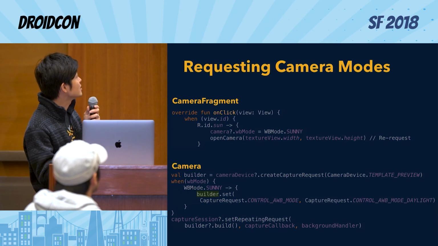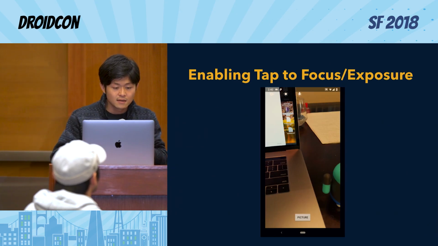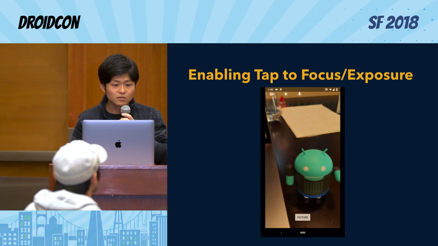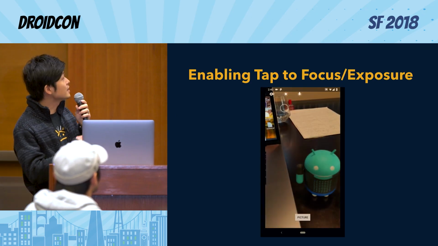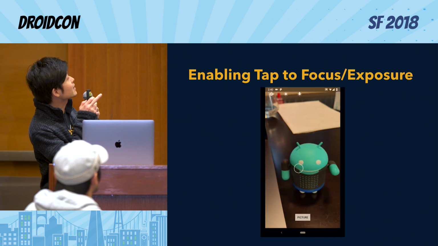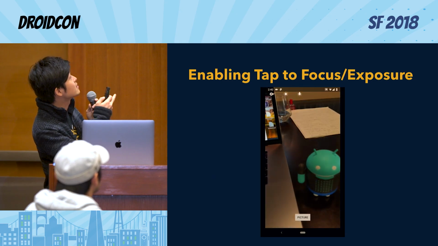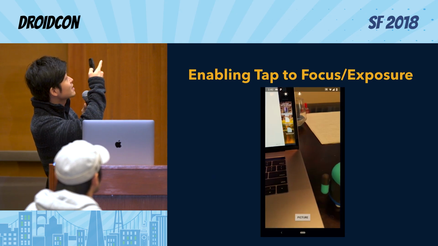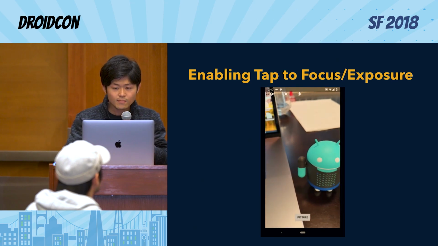And then we start the requesting again. Now, as you can see, when I make a tap, the focus and exposure actually change, and I cover the glass and it changes again. So this is what I want to do.